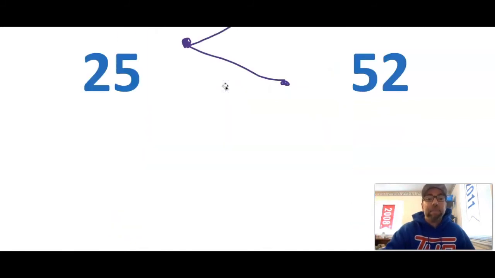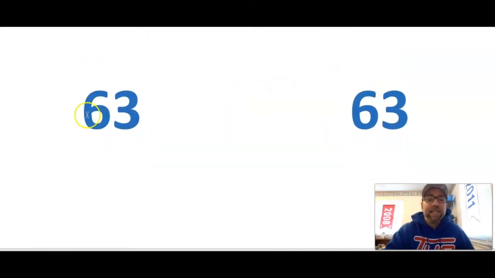This time, we have 63 and 63. Go ahead and write those numbers on your whiteboard and leave a space in the middle. What do you think goes in between the number 63 and 63? Which one is bigger?